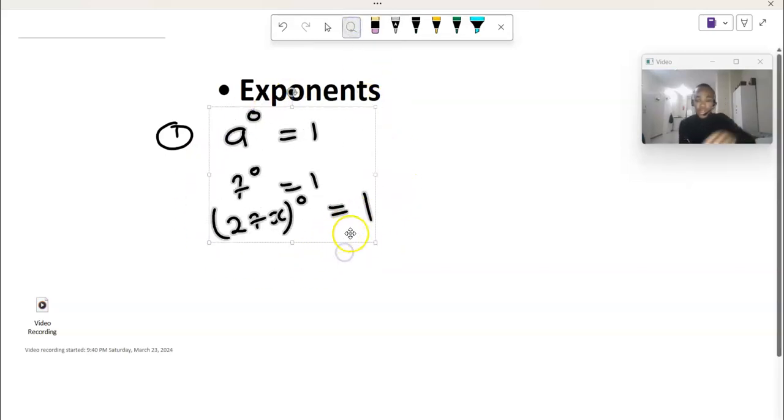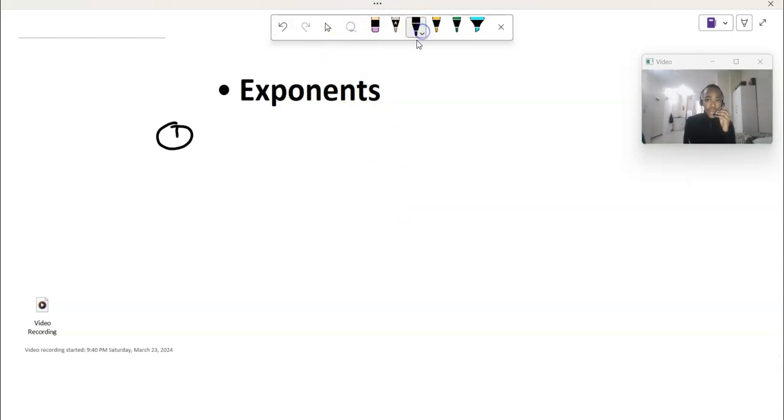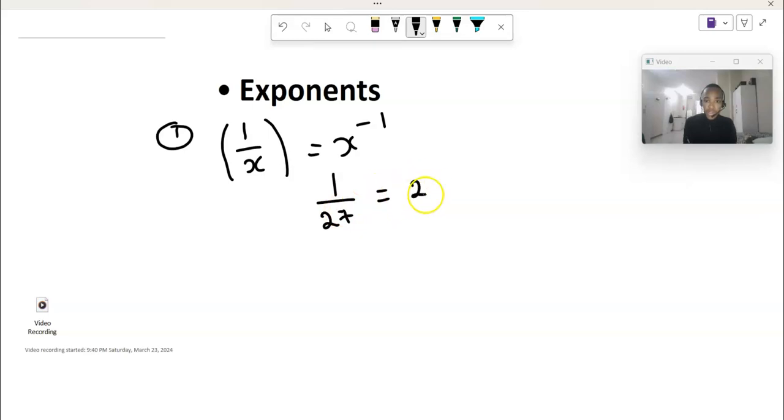And then another characteristic is the negative exponent. So for instance, if you have 1 over x, this will give us x to the power negative 1. If you look at 1 over 27, we notice this will give us 27 to the power negative 1.